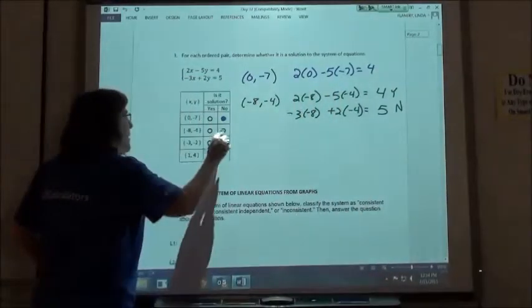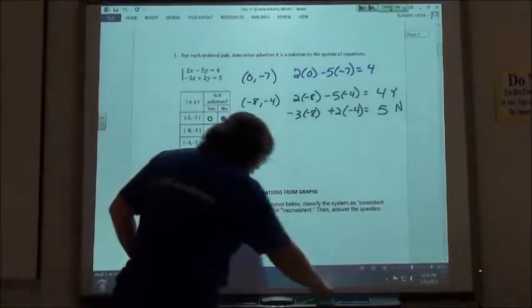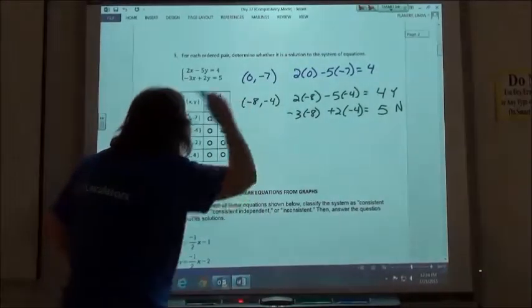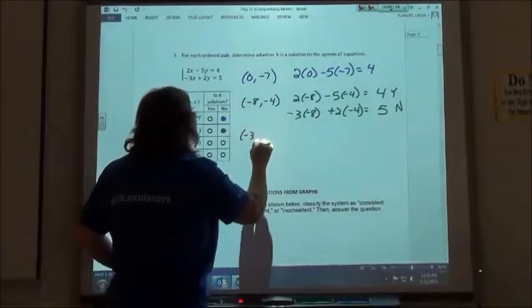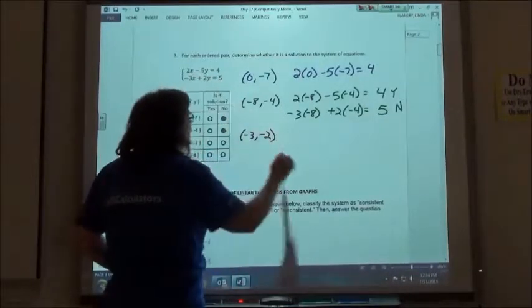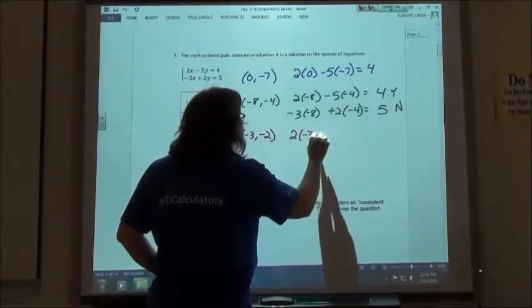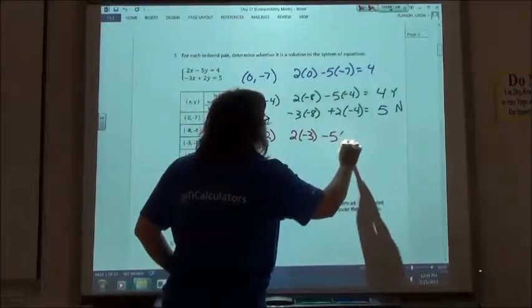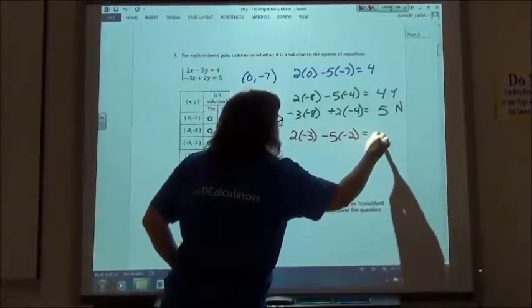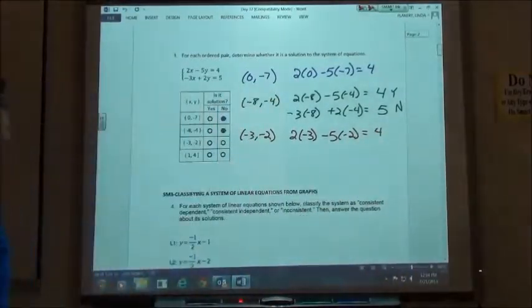So we got a no. Negative 3, negative 2. So 2 times the negative 3 minus 5 times the negative 2. Do we get an answer of 4?